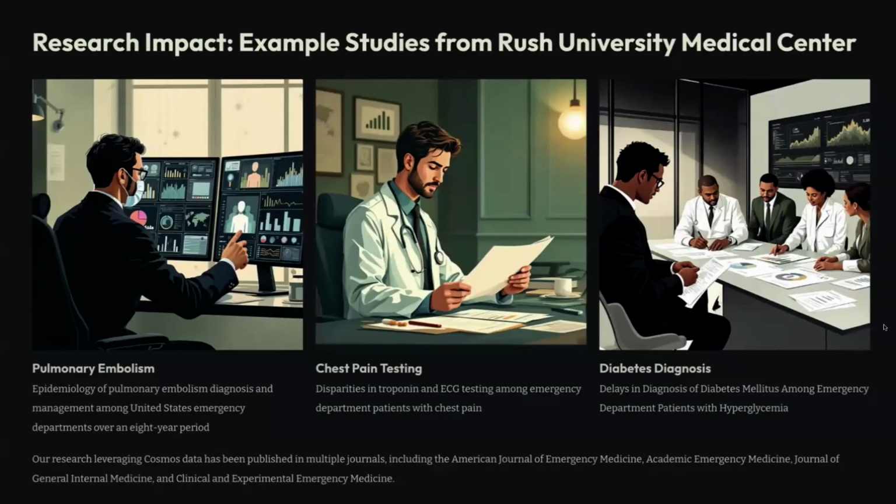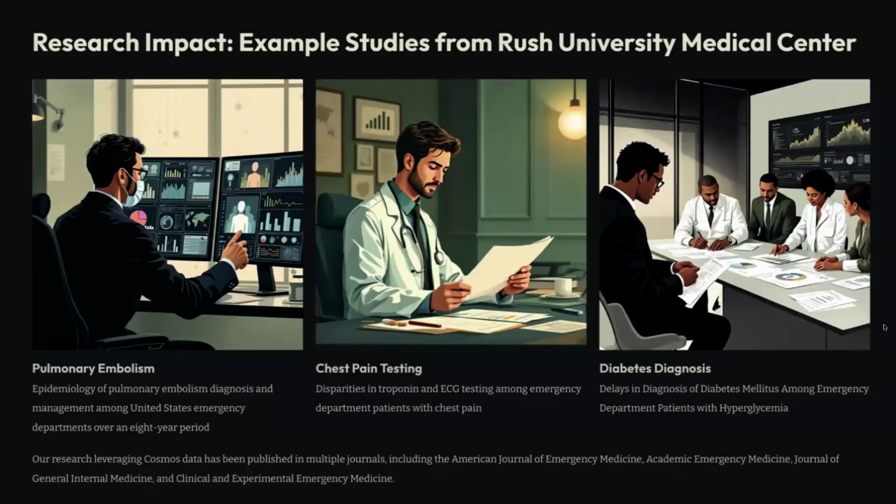Another study we've done looked at disparities in troponin and EKG testing among emergency department patients in the US, looking at a cohort that did and did not receive these tests, while controlling for some demographics. Of course, it's a little bit limited in Slicer-Dicer, but we're able to do this as well, and publish that.